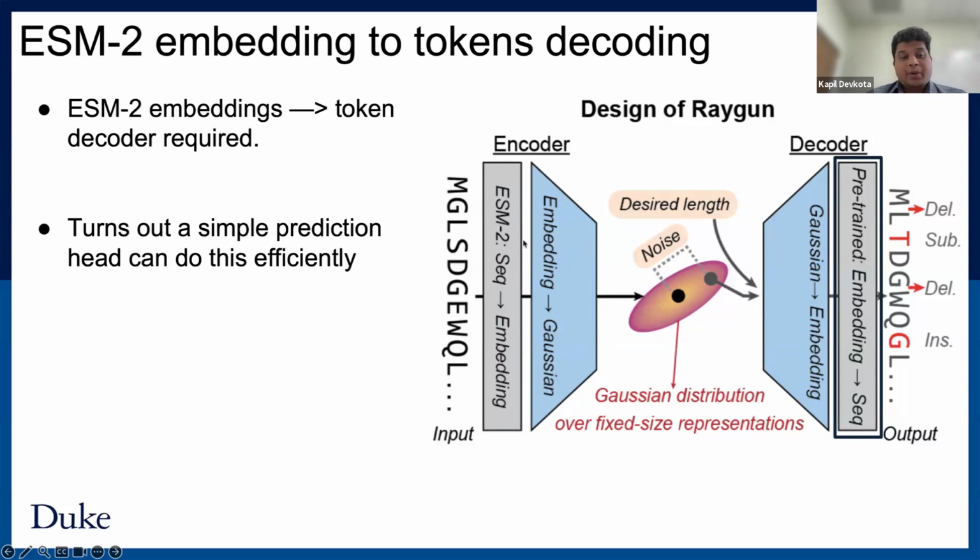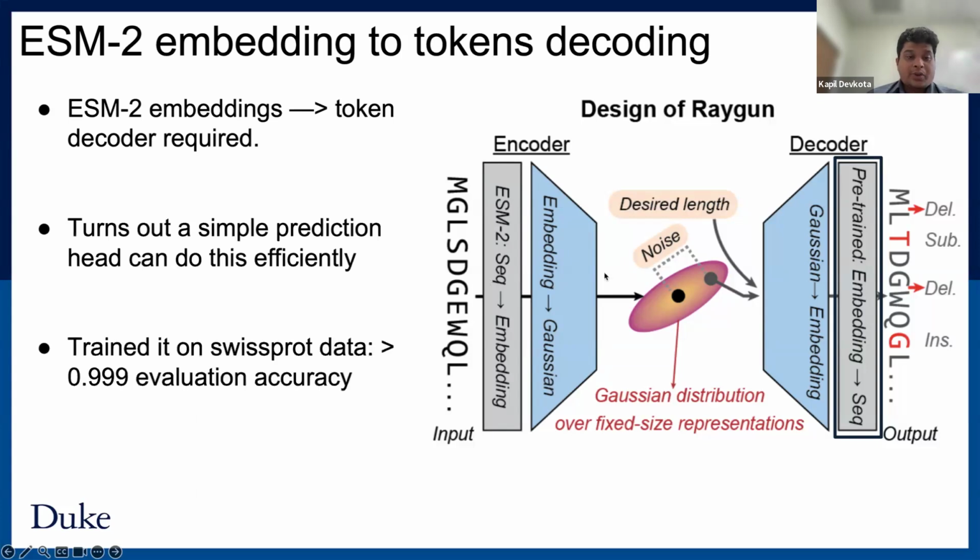We created a simple prediction head composed of some linear layers and a transformer encoder layer, and trained it on SwissProt data, and we got greater than 0.99 accuracy. So we use this to convert the embedding to embedding Raygun model to a sequence model, where you can take in a sequence, sample the model, and return the sequence output.